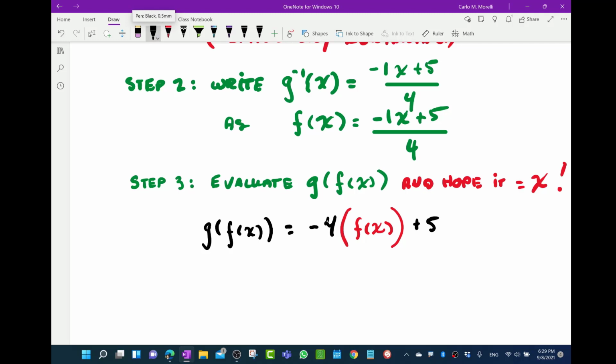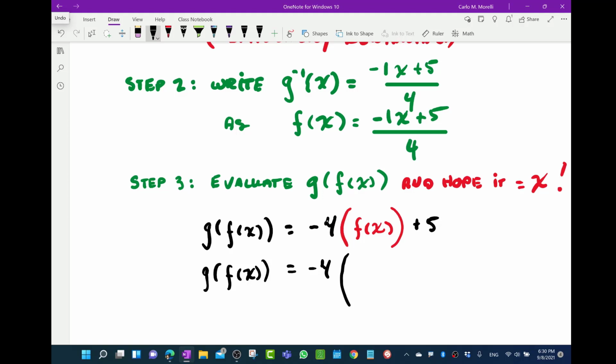All right, and so now we're ready to substitute what f of x equals inside here. And this is when you're going to find out why I kept insisting that we leave the equation in this form. It's going to become super obvious why. So once again, write g of f of x equals negative 4. Now put a big open parentheses here because we've got a huge fraction.